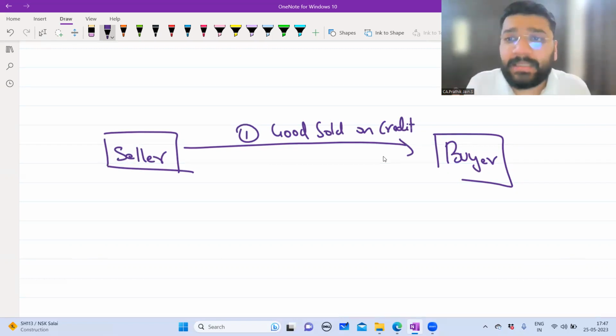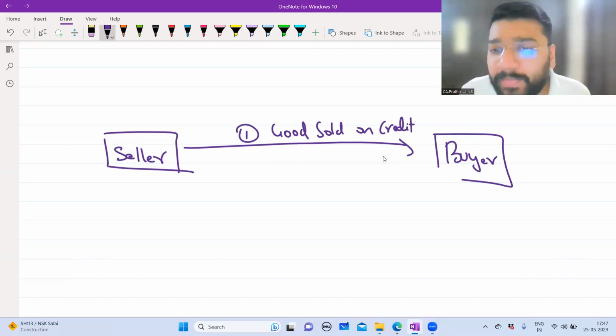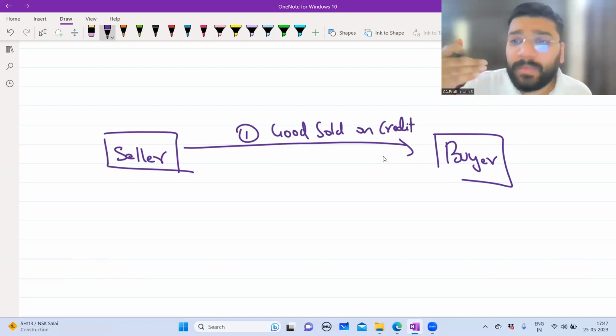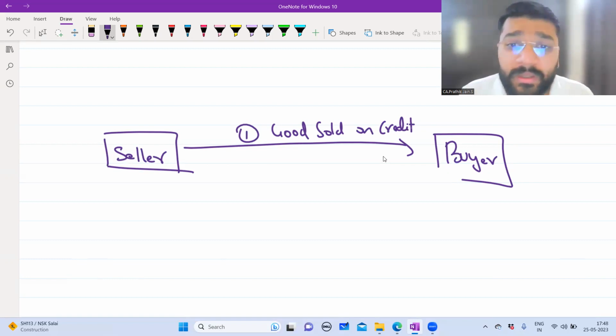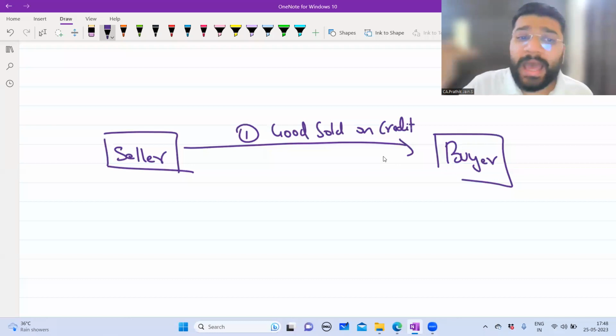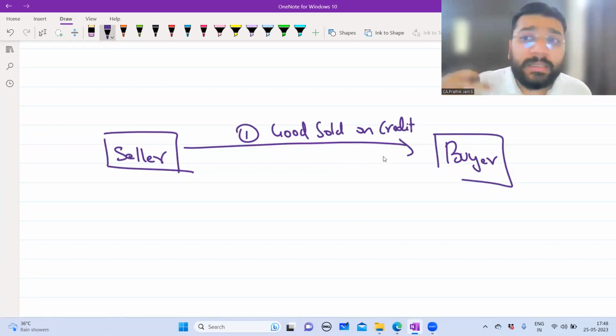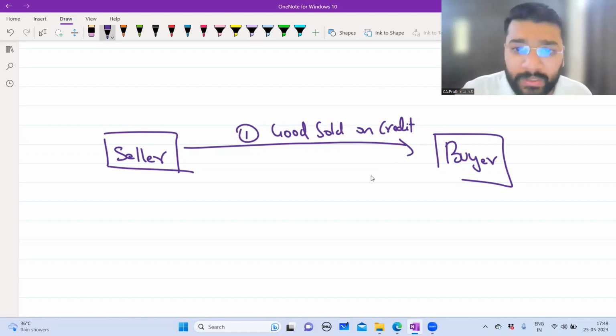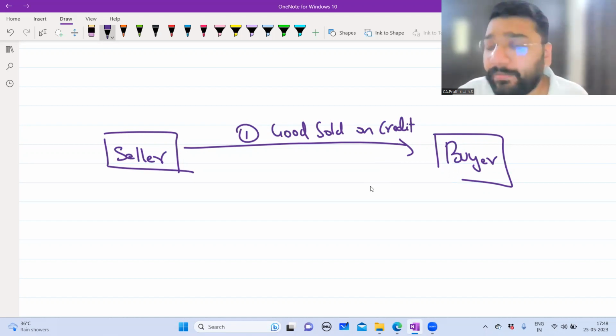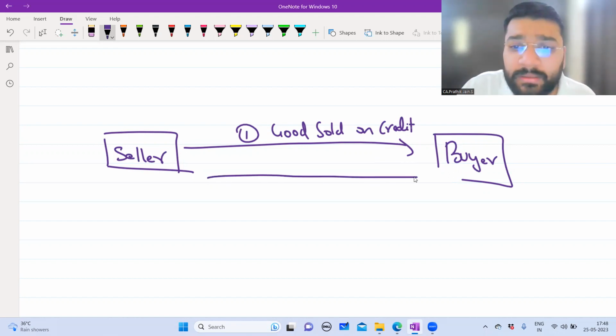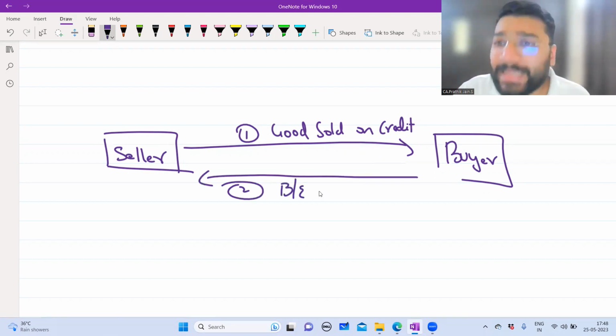Therefore, he insists that the goods be sold on credit, which means that the buyer wants some additional time, let's say a period of 1 month or 2 months, to settle the amount, to which the seller agrees, but on a condition that the buyer would have to execute either a promissory note himself, or the seller would give a bill of exchange which the buyer has to accept and give back. So in either case, the buyer agrees, and an accepted bill of exchange is returned to the seller.